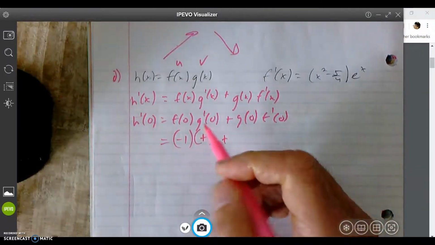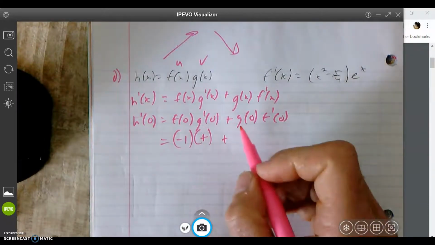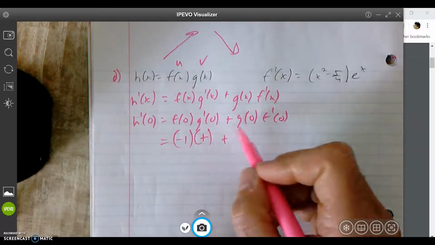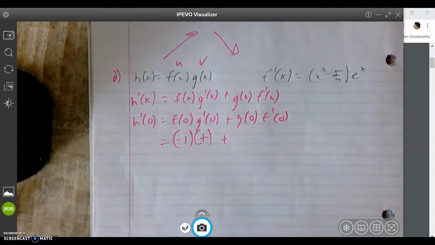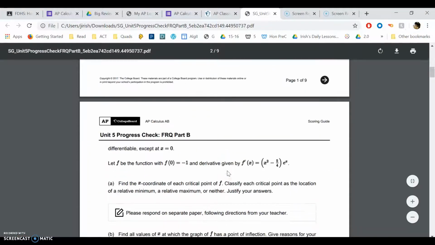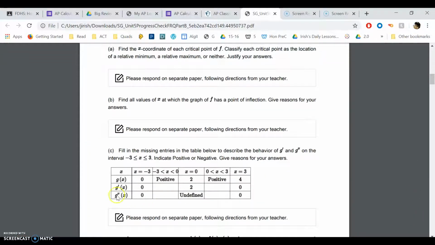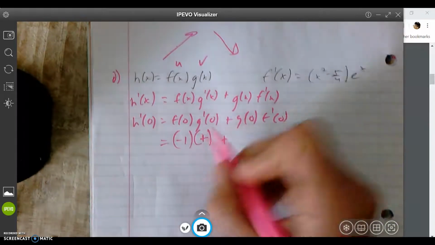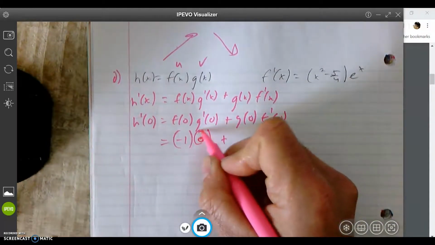Plus, okay, G prime of 0, actually, it tells us in the chart, doesn't it? Yes, G prime when x is 0 is 2. That's why this thing is kind of tricky, right? So this is positive 2, exactly.